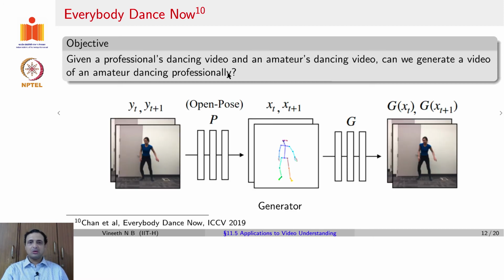And one of the basic modules of this framework tries to have a generator which captures the temporal coherence between frames using the ground truth information and the generated information.